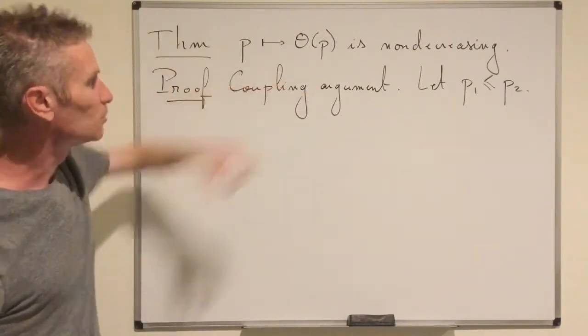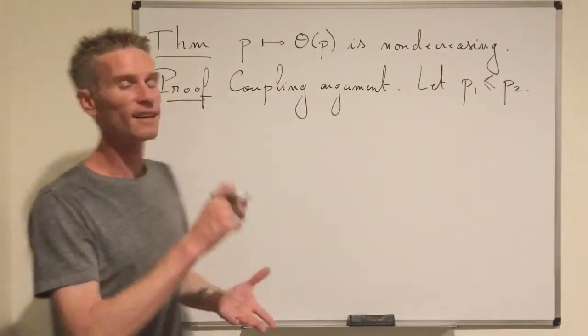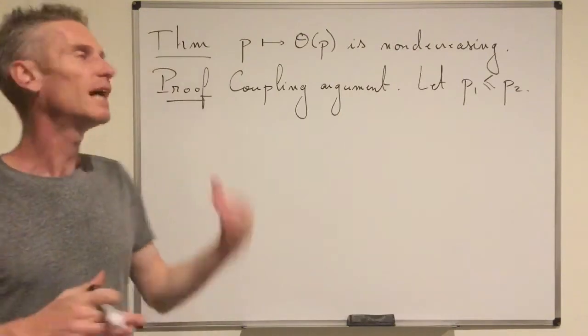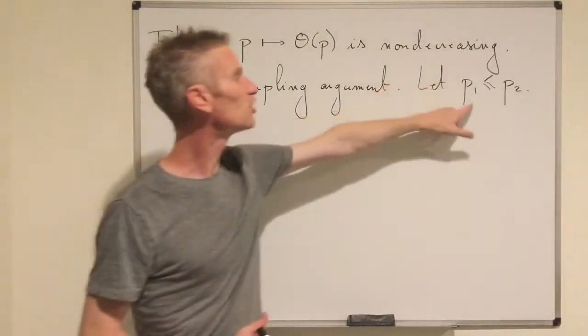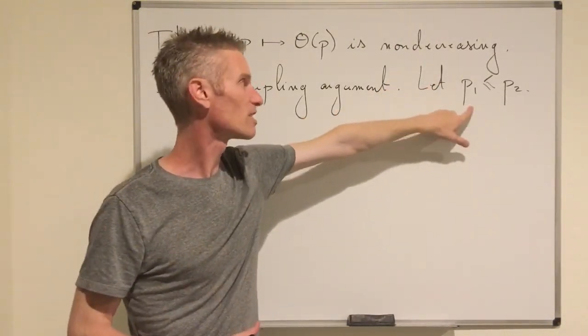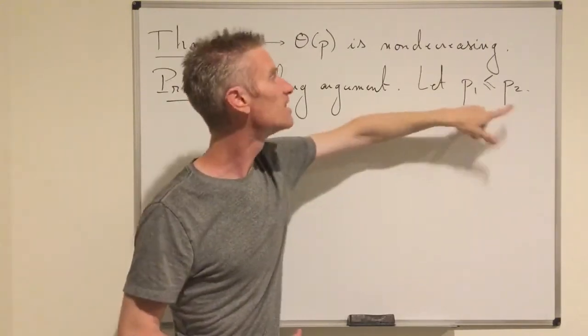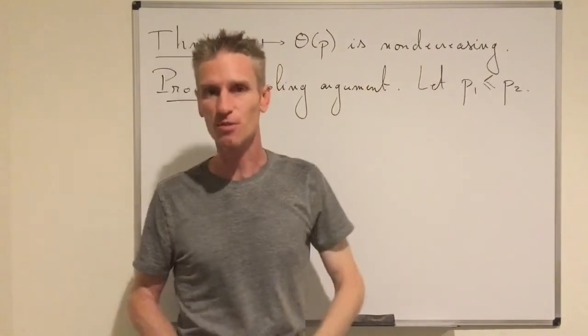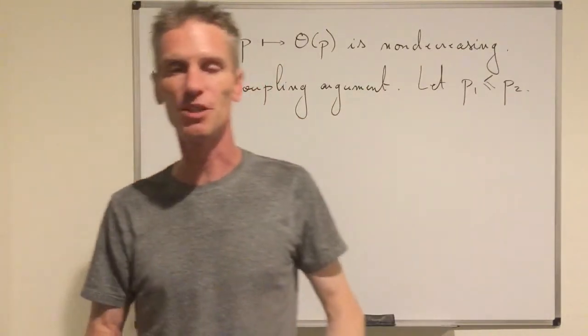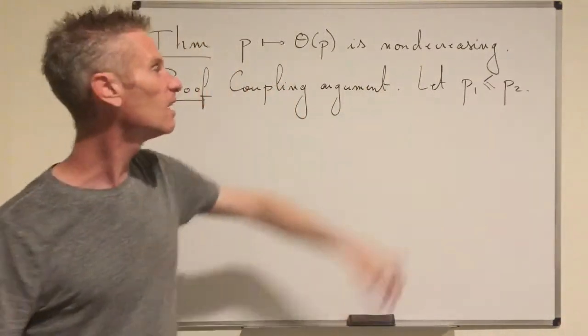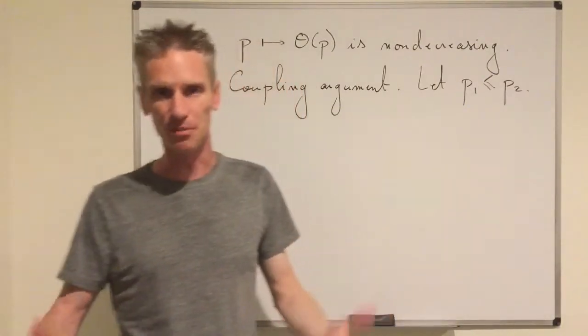And so to do this, we are going to look at all the edges one by one and make sure that each open edge in the first process is also going to be an open edge for the second process, but in such a way that edges in the first process are indeed open with probability p1 and the ones in the second process are indeed open with probability p2.